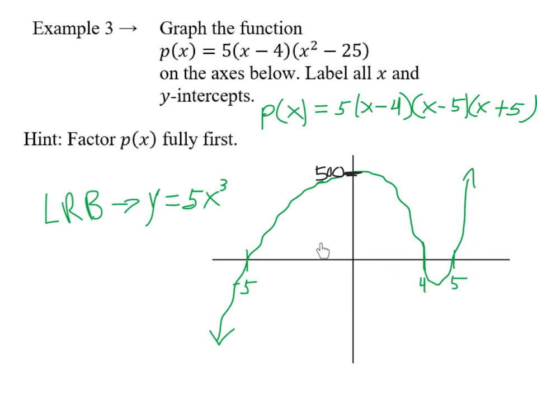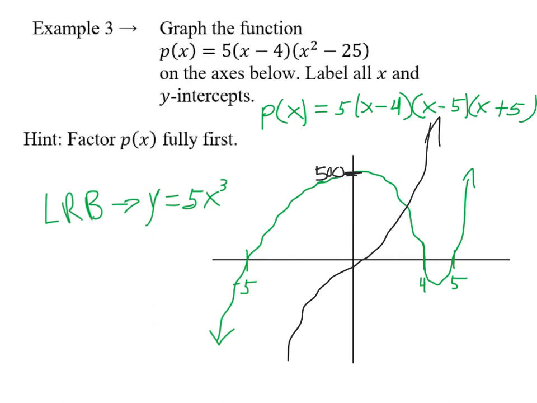Okay, one final check on our graph would be to look at the long run behavior. If we were to multiply all these terms out, our leading term would be 5 times x times x times x, or 5x cubed. That'd be the highest degree term we would have. And we just want to make sure that our graph basically behaves like 5x cubed would, and we know that 5x cubed would basically look like this.